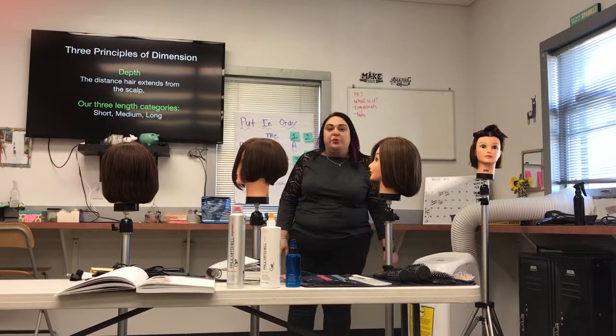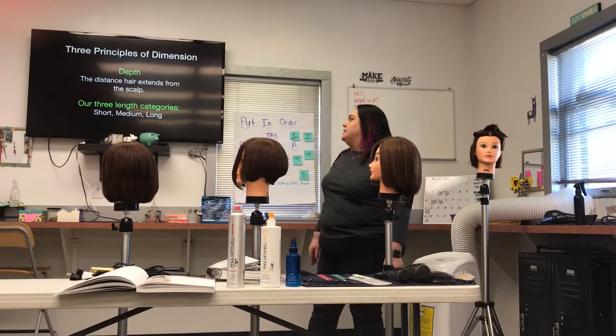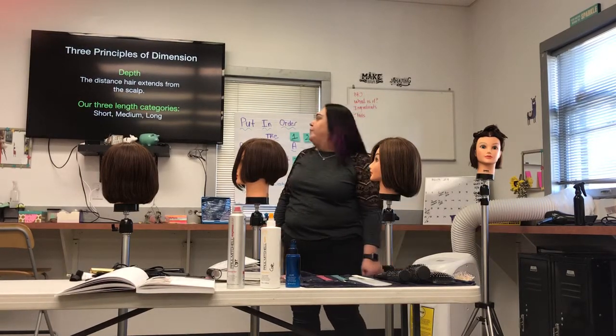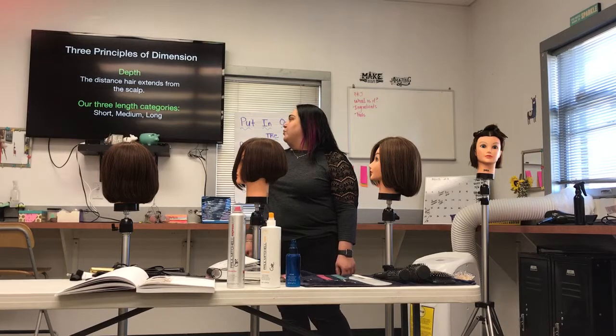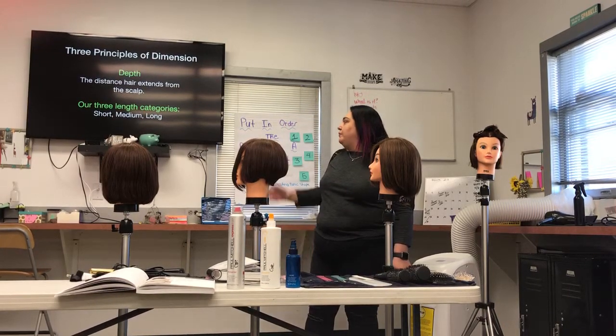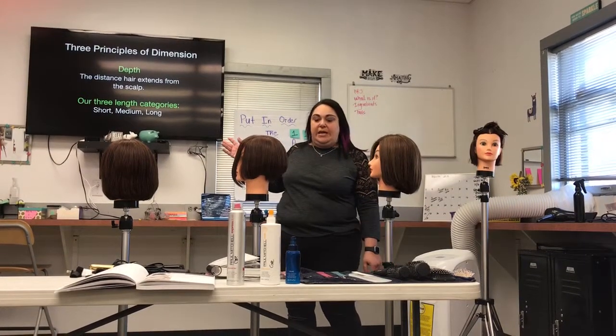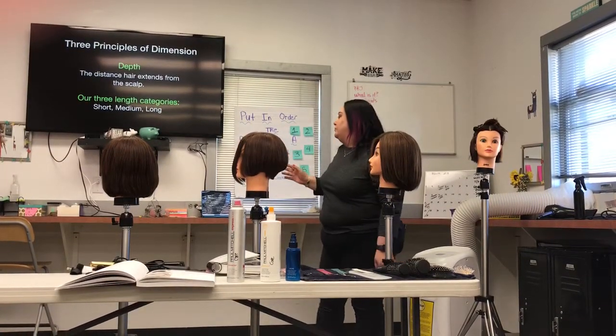Okay, the next principle of dimension we're going to go in and talk about is depth. And it's the distance hair extends from the scalp. And we have three categories. We have short, medium, and long.